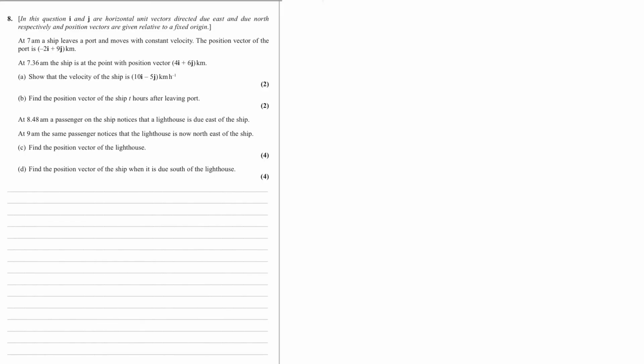Now, for these types of questions, I like to do a diagram. So let's put the origin in here. The port is -2, 9, isn't it? So say -2, 9. So let's call that our port. And then we've ended up at the point 4, 6.